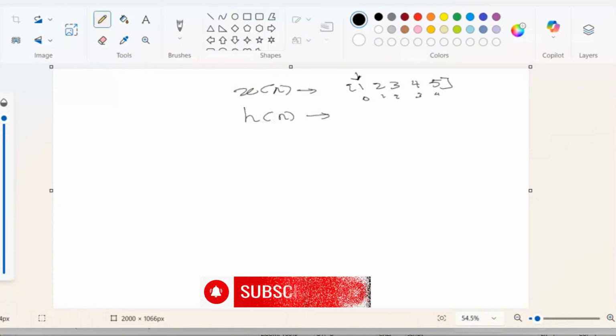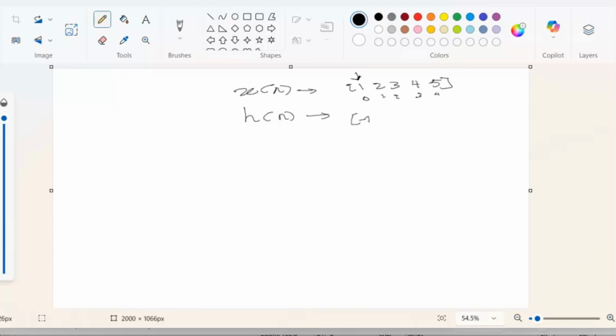And for h of n, let's say we have negative 1, 2, and 1. Let me write it nicely. Negative 1, 2, and 1. And the zero index is at the second element, so this is negative 1, 0, 1.